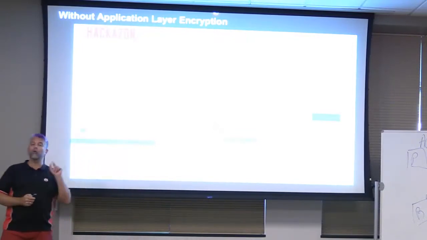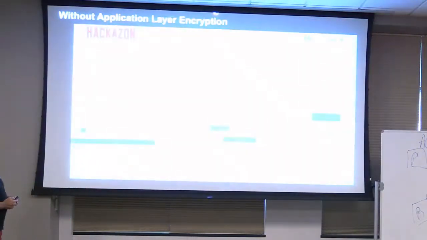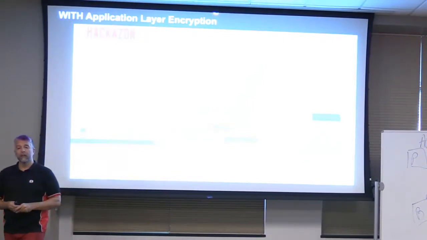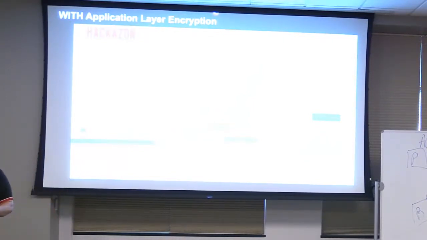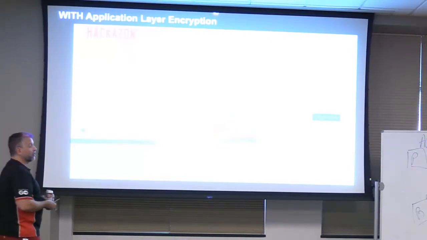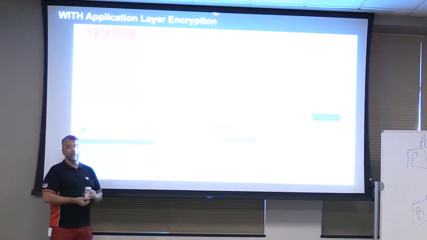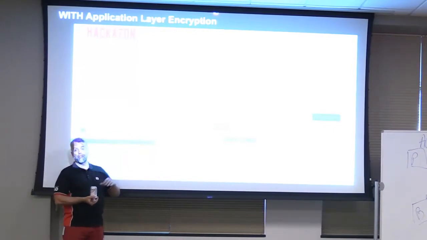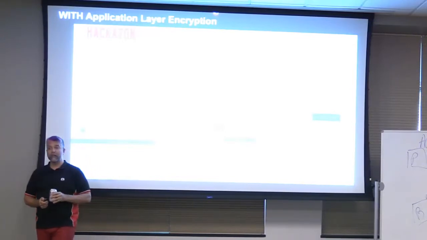So this is without application layer encryption. This is with application layer encryption. Now, after the user submits their information, application layer encryption encrypts it, so that if the hacker gets it, that's what they can see.